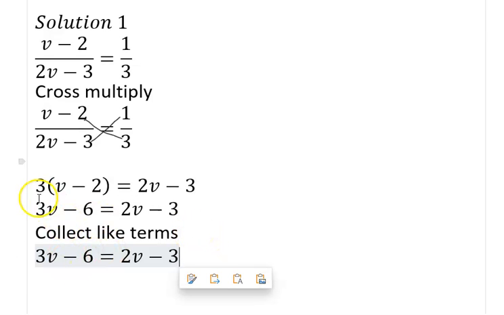Beautiful. So here we have 3v, here we have 2v. Like we've said over and over again, whenever you have anything that wants to cross the equality sign, the sign will change. Now we have plus 2v here. This is an invisible plus here. It's going to cross this equality sign to come and meet this 3v. That means the sign will change to what? Minus. So we now have minus 2v.